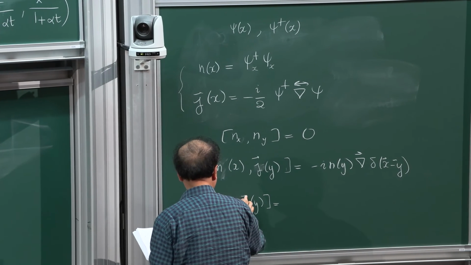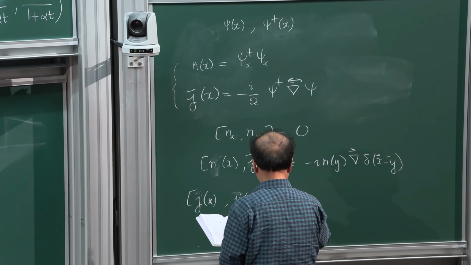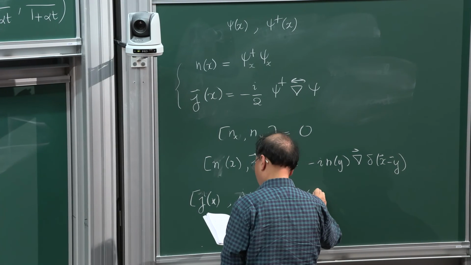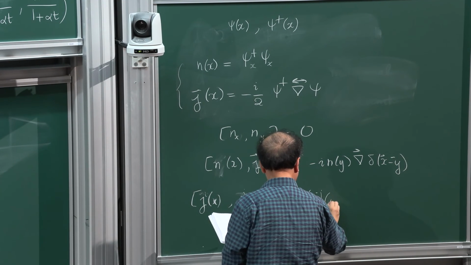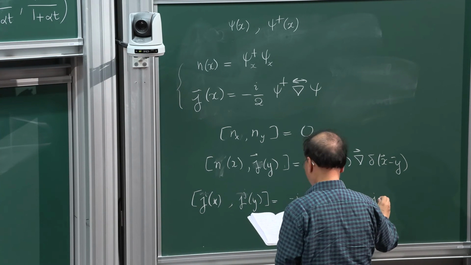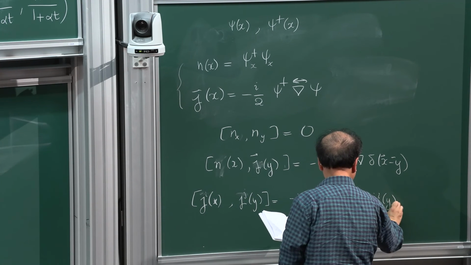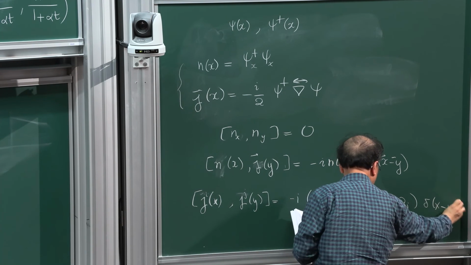So let me write: i j_i(x), j_j(y) equals minus i j_j(x) d_i plus j_i(y) d_j delta x minus y.